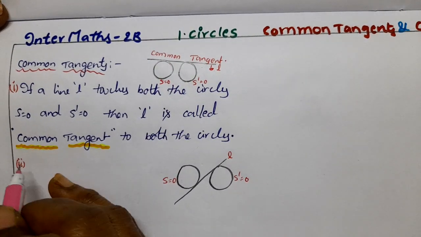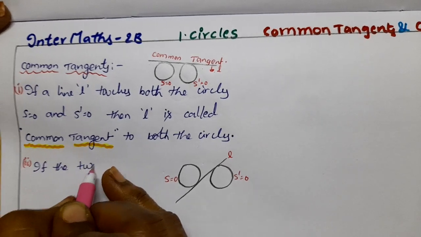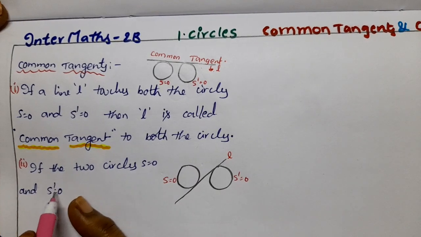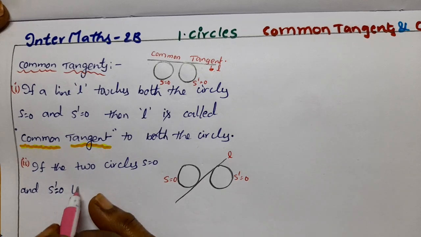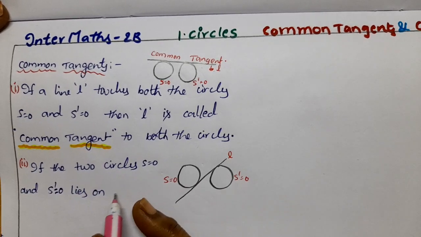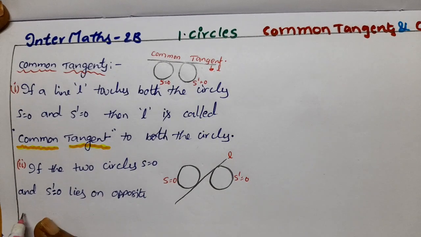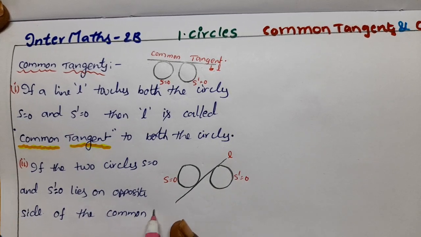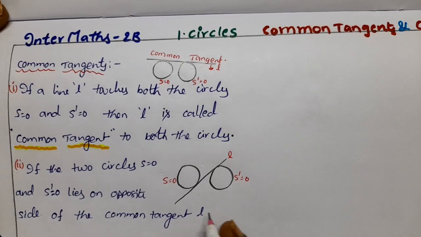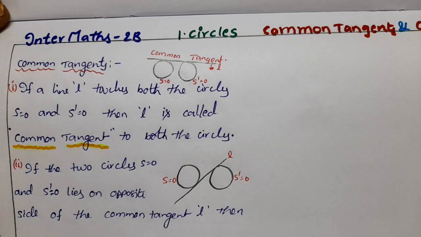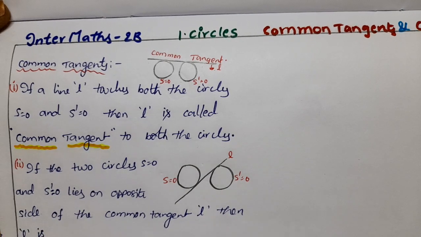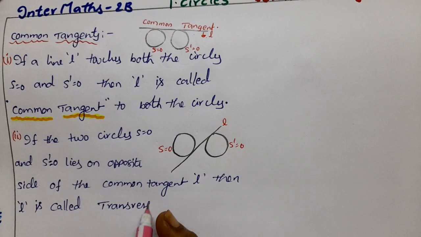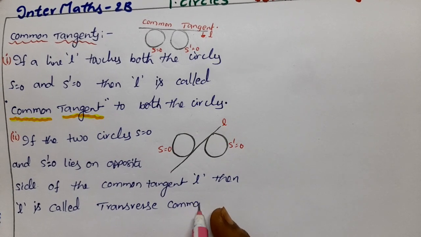Next one. If the two circles S equal to 0 and S dash equal to 0 lie on opposite sides of the common tangent L, then L is called a transverse common tangent.